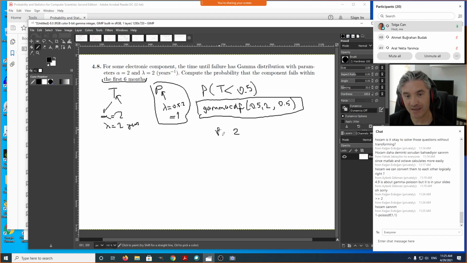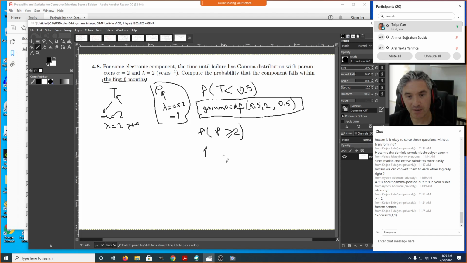Therefore, what you have written there is correct. The probability to not fail within the first 6 months is to have alpha minus 1, so 1 or less.